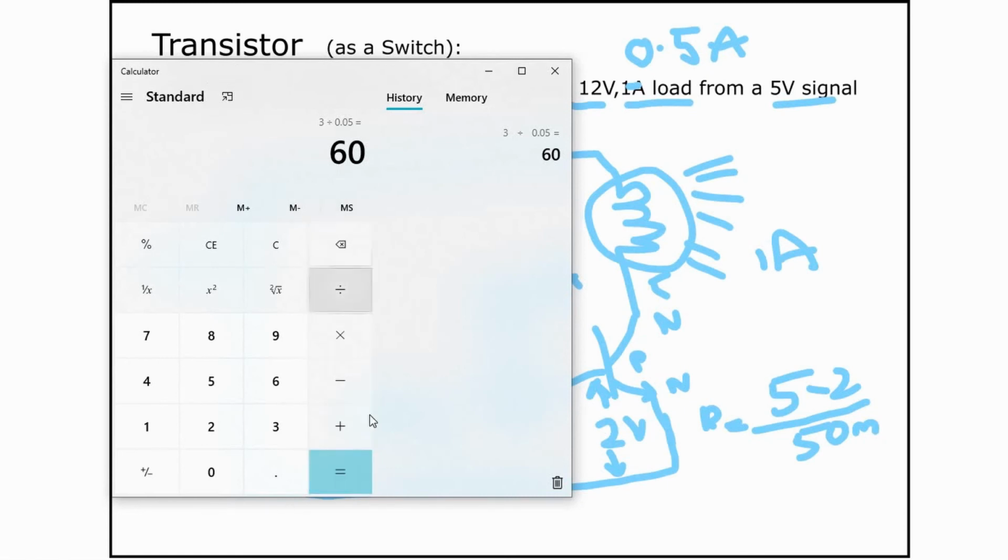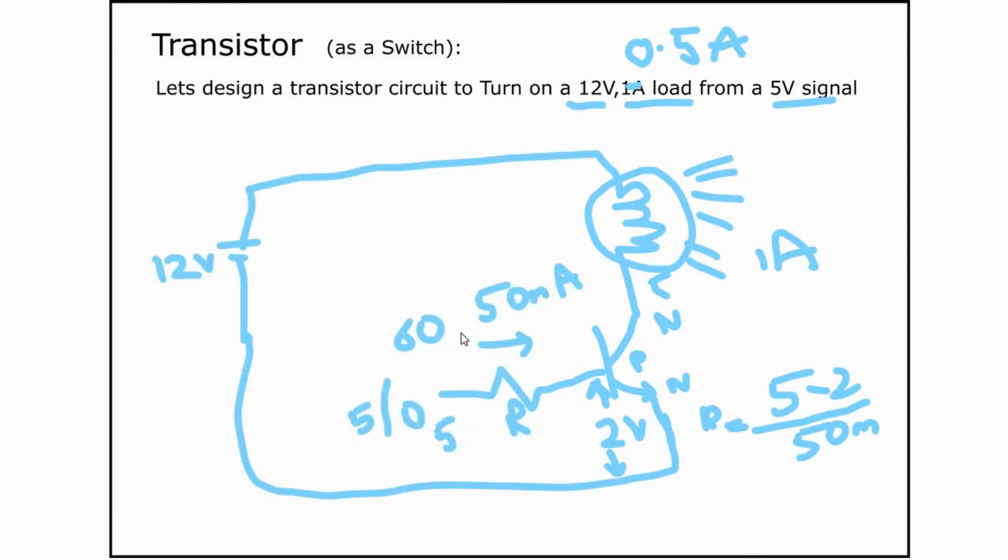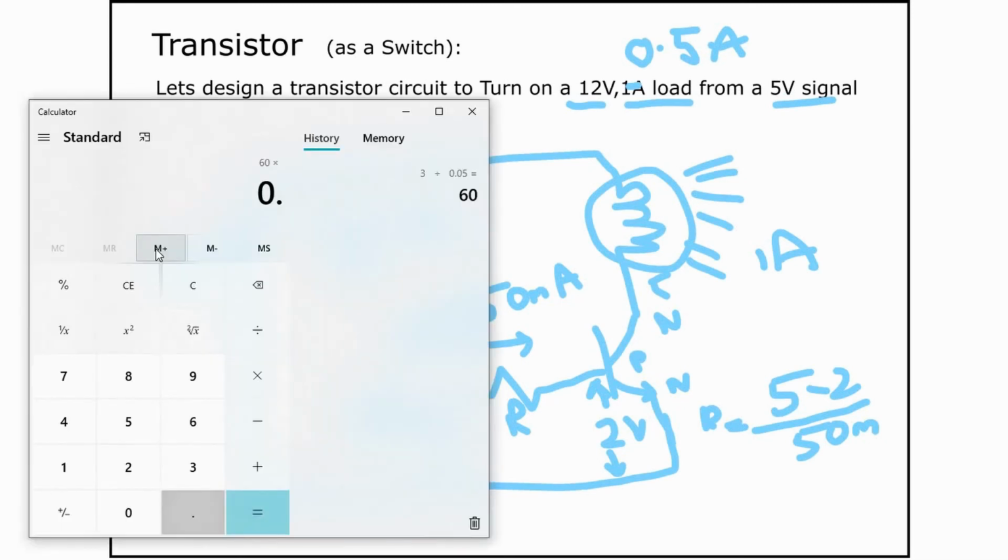So I have to use a 60 ohm resistor. Now I have to see what is the wattage of the resistor I have to use. So wattage is I squared R, that will be into 0.05, which is 0.15 watt. So I have to use a resistor that has a wattage more than 0.15 watt.